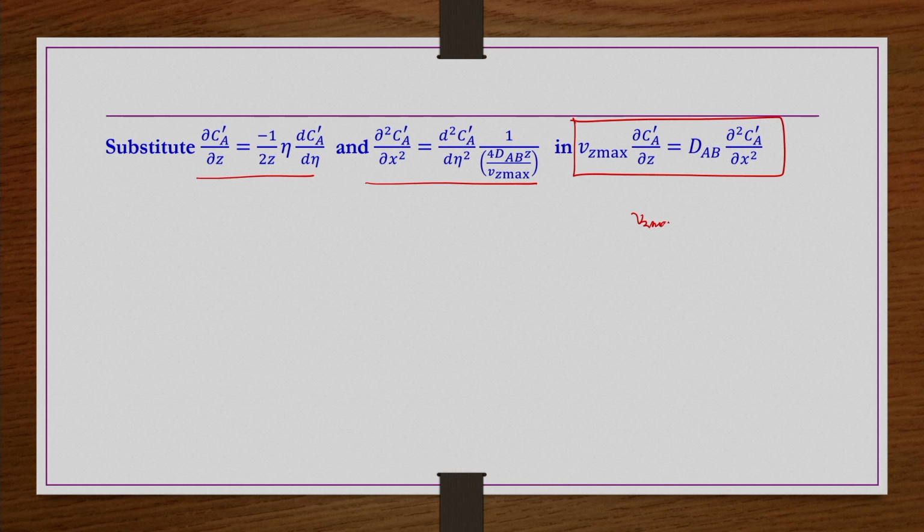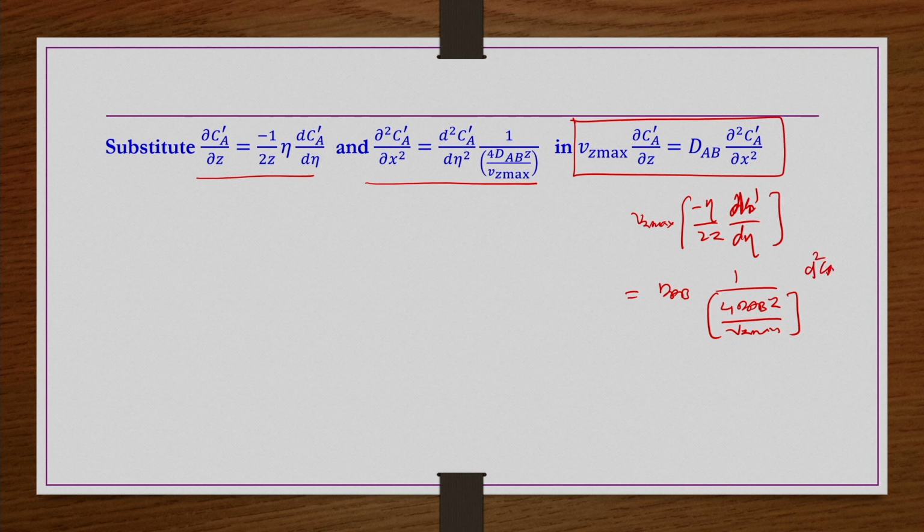Vz max, ∂Ca' by ∂z is minus η by 2z dCa' by dη, is equal to DAB, and then this part is 1 by 4 DAB z by Vz max, d²Ca' by dη².